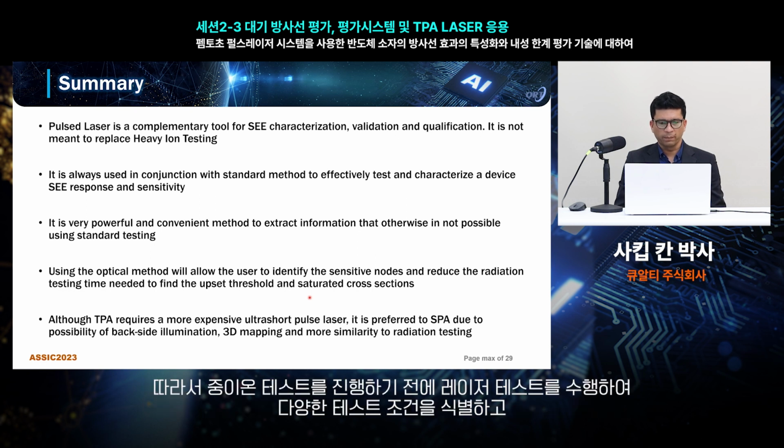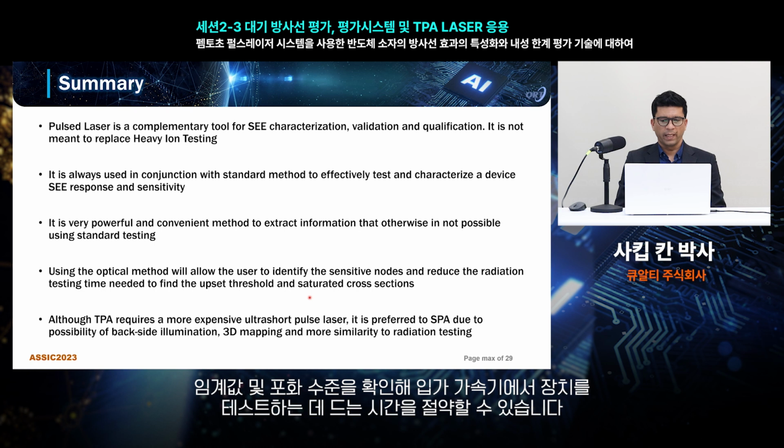Before going to heavy ion testing, laser testing could be performed to identify the different test conditions, to identify the threshold and saturation levels, and to reduce the time required to test the devices at the particle accelerators.